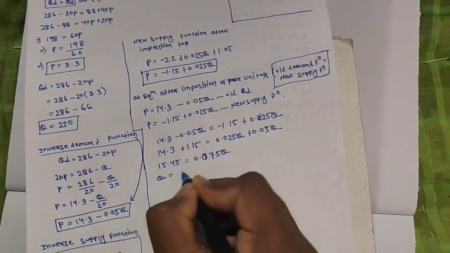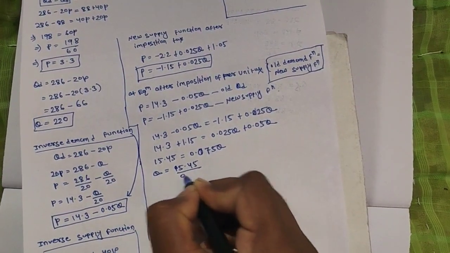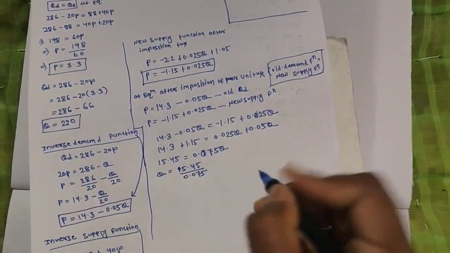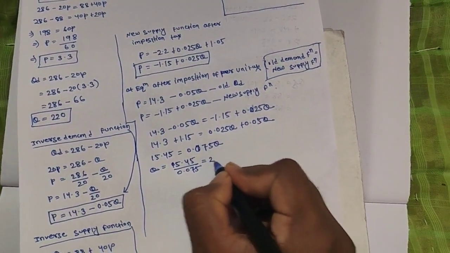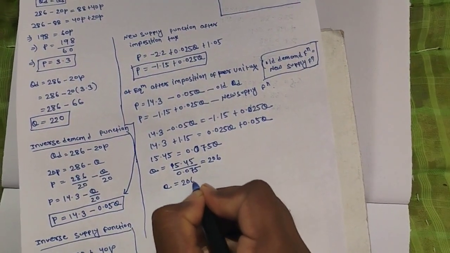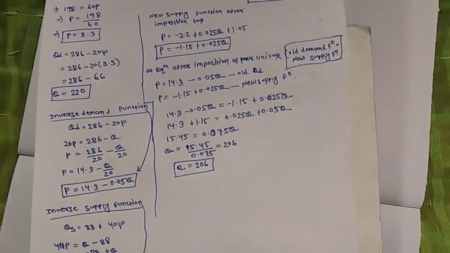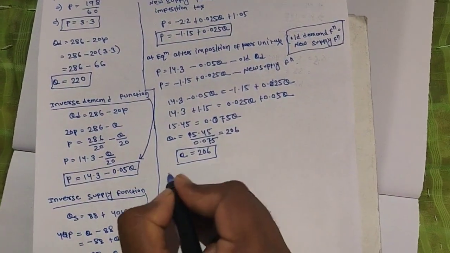Now q becomes 15.45 upon 0.075, and this becomes the quantity 206. Now q is equal to 206. This is the quantity after imposition of tax, and we have to find the price.